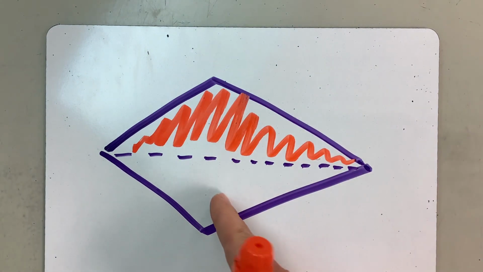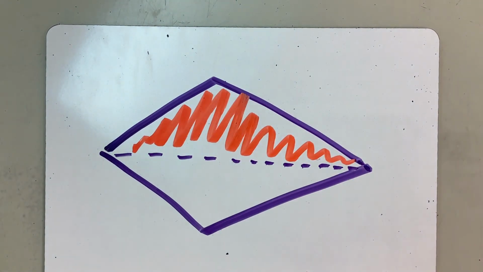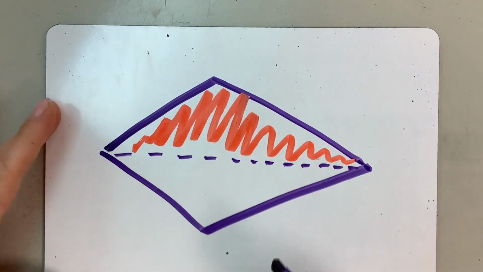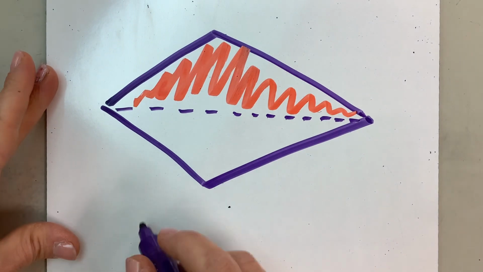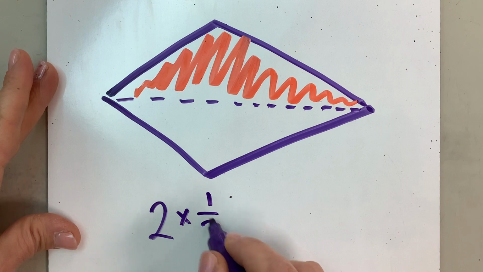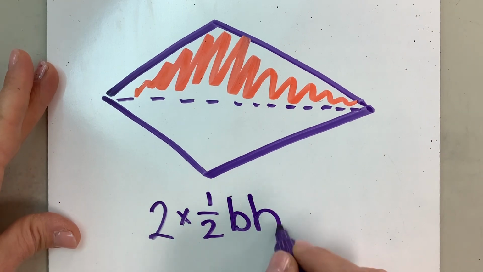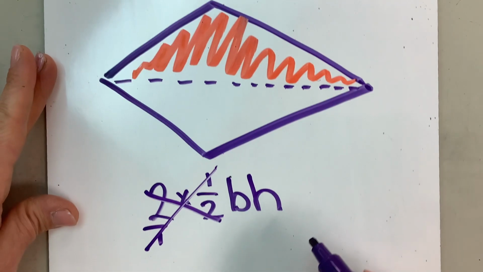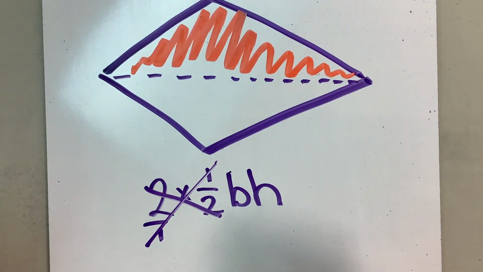So this one is identical to this. It is just flipped over that line of symmetry. This is the triangle we're going to be looking at. Now, because we have 2 triangles, 2 times the area of a triangle, 1/2 base times height, we discovered that those just cross out, and we're going to be left with area equals base times height.